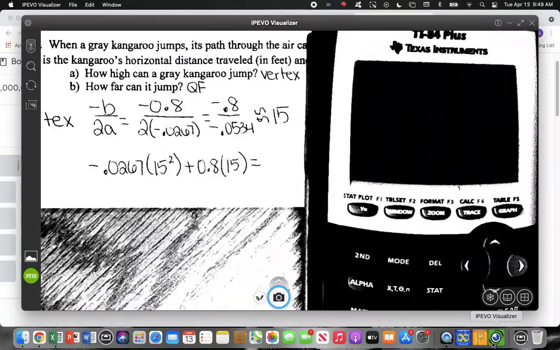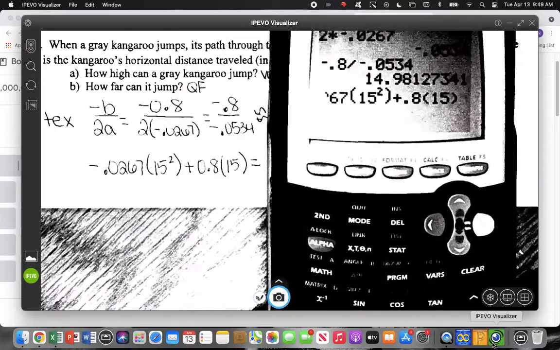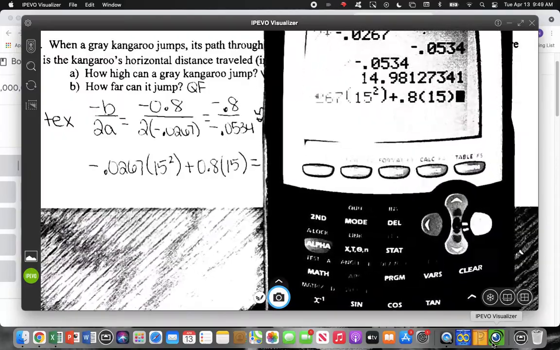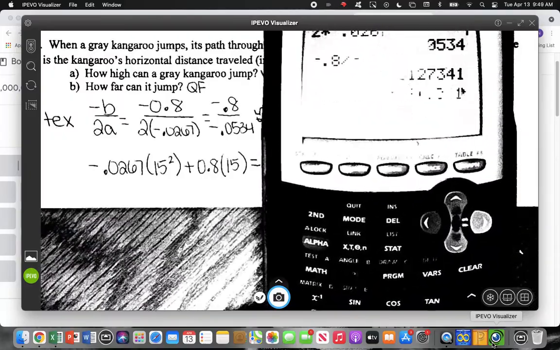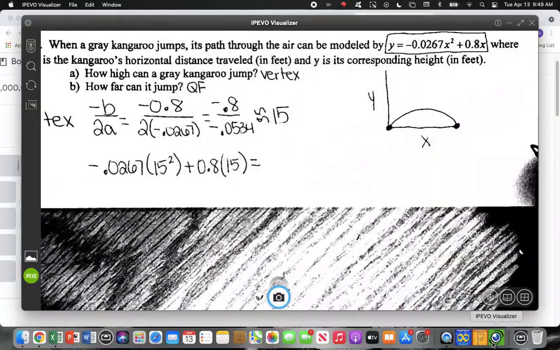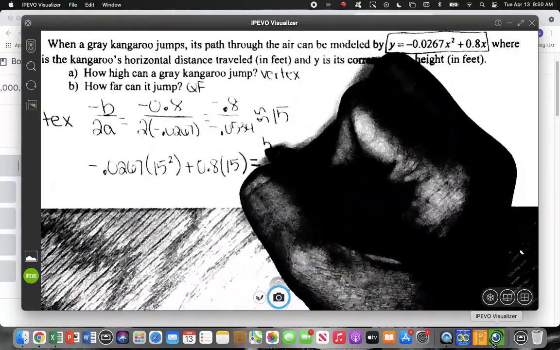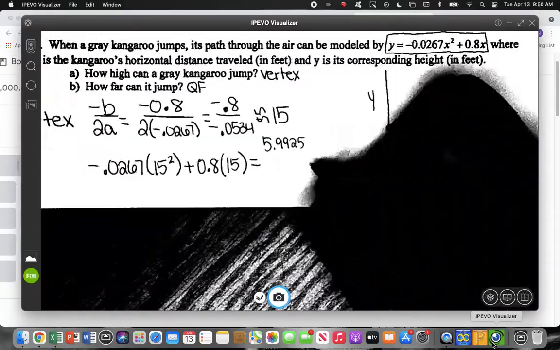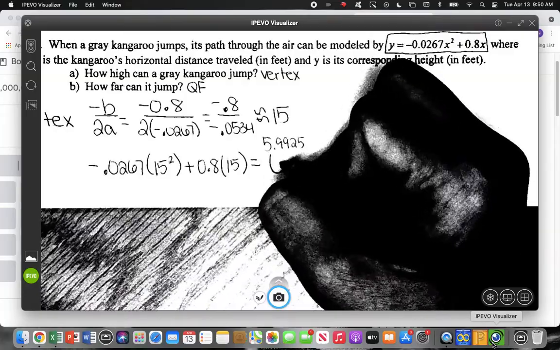I just typed everything in and hit enter. You can use your Google calculator to type everything in, and I got 5.9925, which is really close to what? 6. If we round it to the nearest tenth, it is 6.